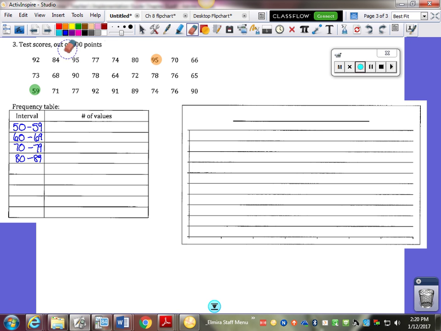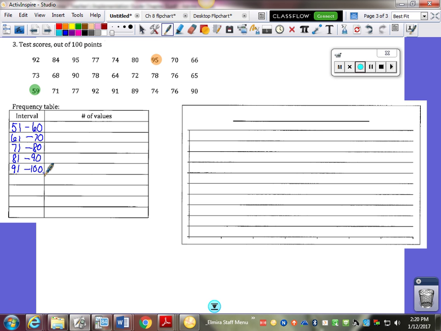Now it says out of 100 points, so if I continued that pattern of intervals, I wouldn't get to 100. So even though I don't have any data points at 100, I might choose 51 to 60, 61 to 70, 71 to 80, 81 to 90, 91 to 100.